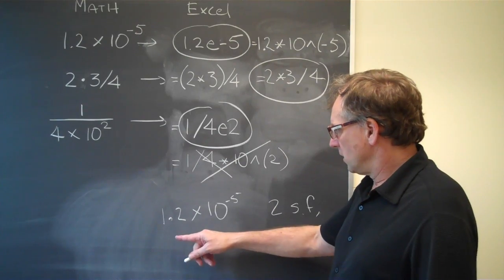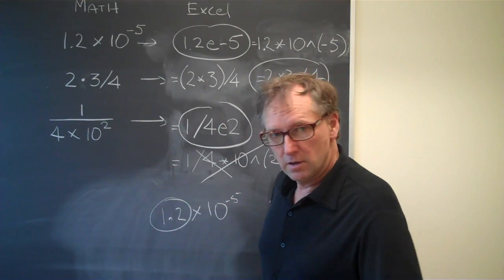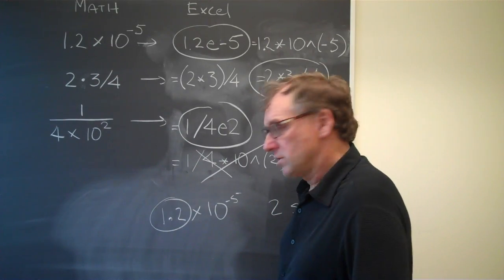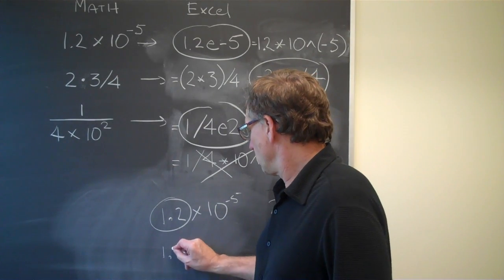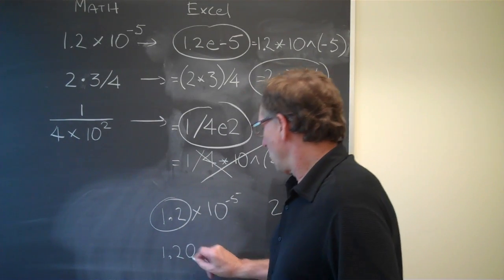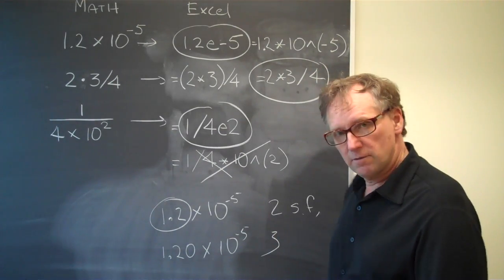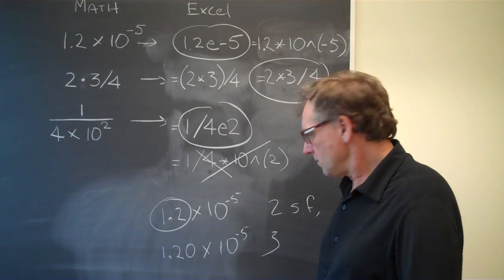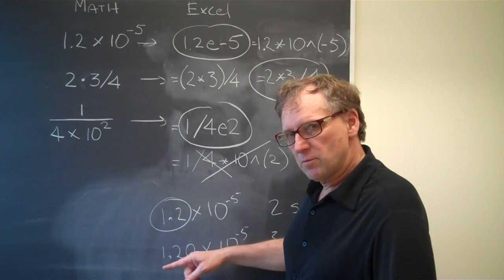The more specific you are about this part of the number here, that determines the number of significant figures that you've got. So if I had written this as 1.20 times 10 to the minus fifth, then that would have 3 significant figures, and so on. Now, it doesn't really matter if you're typing numbers into Excel.